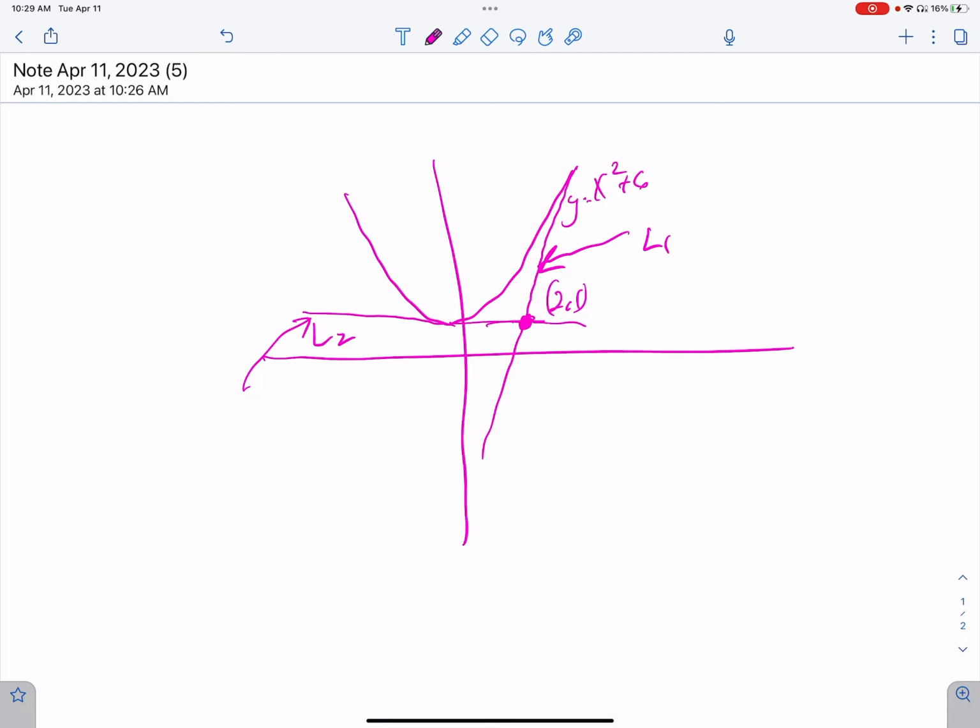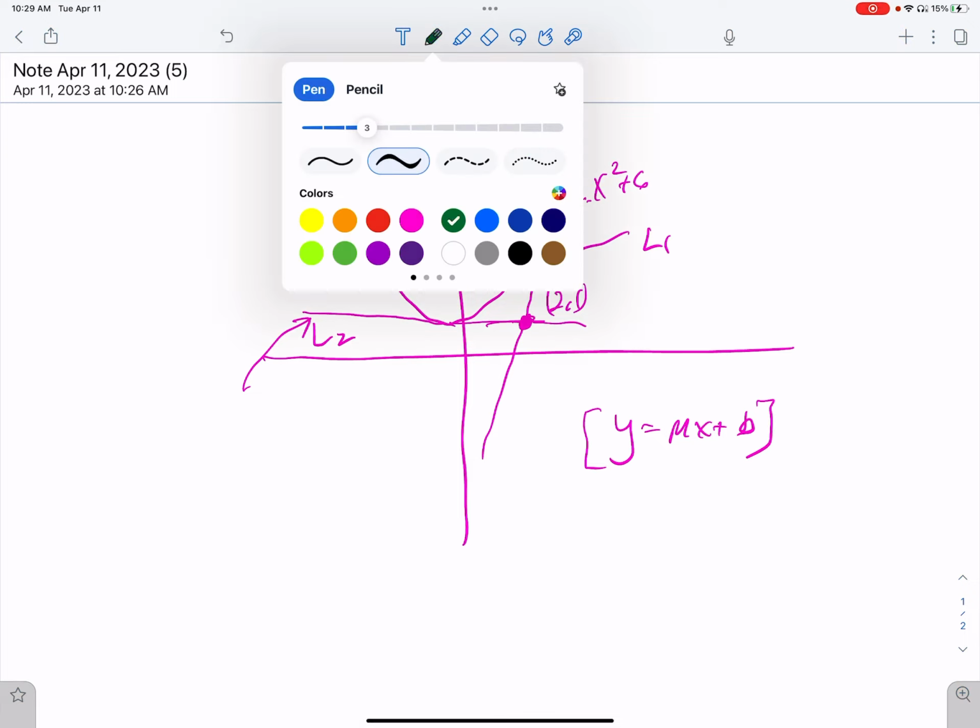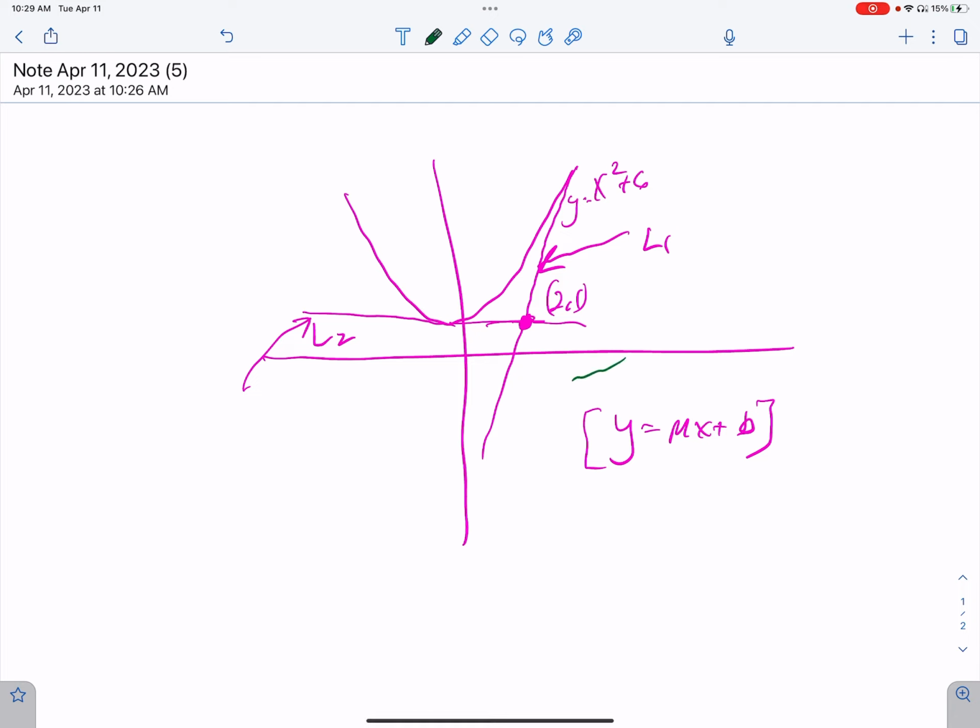So here's basically the approach. The solution we are looking for is an equation of the form y = mx + b, representing the equation of this line.